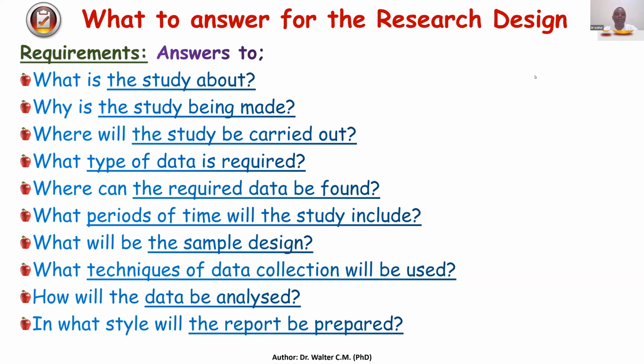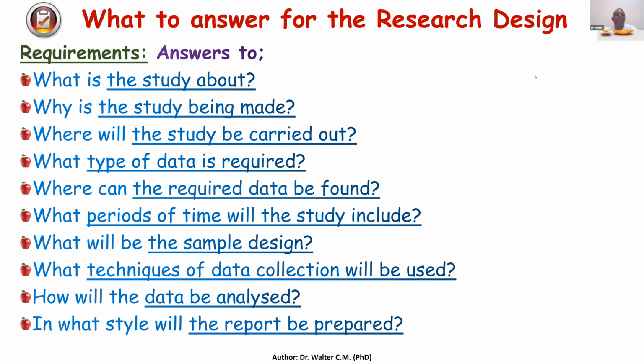And then also the sample design, you ask yourself the techniques of data collection, because they inform you which design fits this approach of collecting data, and also the data analysis. How are you going to analyze your data? It's a prediction. So some predictions of the methodological activities or procedures will inform you and confirm that the study design that you have opted to conduct your research is appropriate to you.